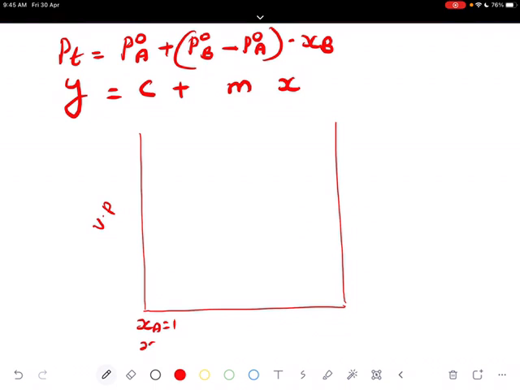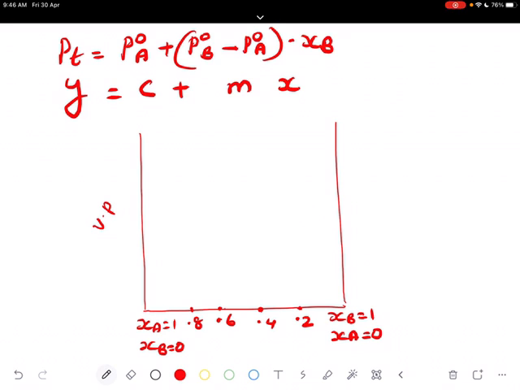So at that time XB is equal to 0, only one component is present, and when XB is equal to 1, that means only the B component is present, and at that time XA is equal to 0. You can consider mole fractions at different values: here 1, then a little less, 0.8, then 0.6, then 0.4, then 0.2, then x is equal to 0, that's it.